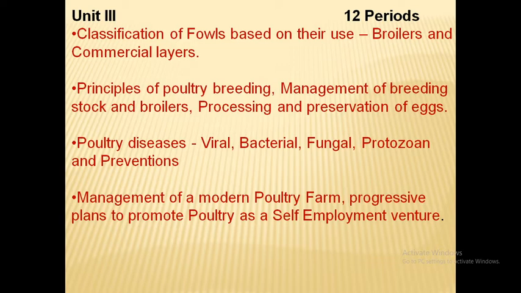The proper management of these hatchlings and supplying them to different farms has to be understood in the principles of poultry breeding. Then the management of breeding stock and broilers within the poultry farm: according to the size of the farm, stocking capacity has to be estimated, particularly for broilers and commercial layers also. And lastly, the processing and preservation of the eggs is also understood in this topic.